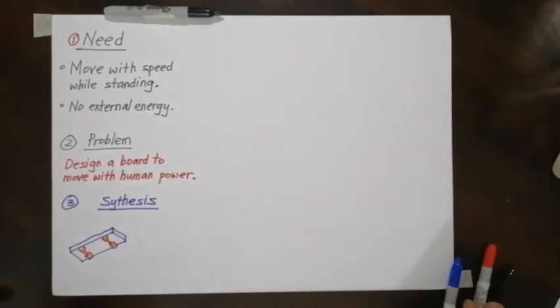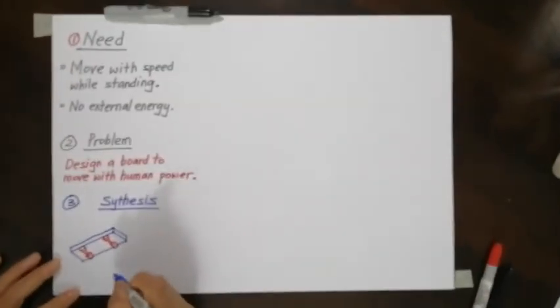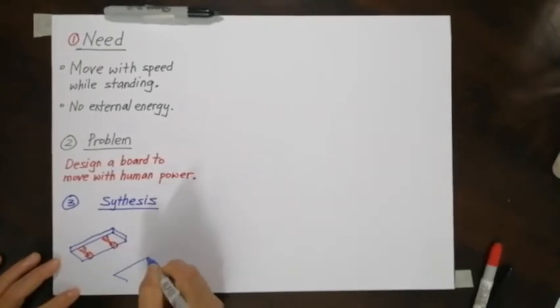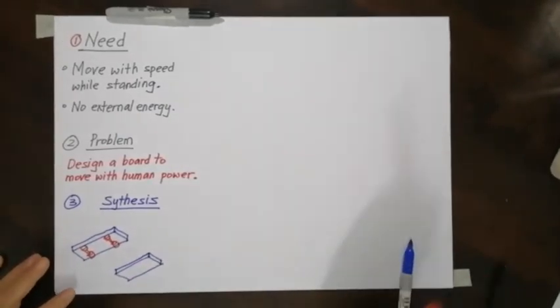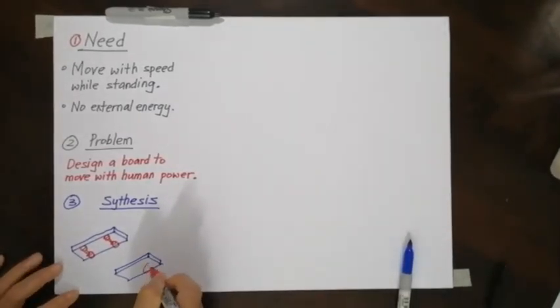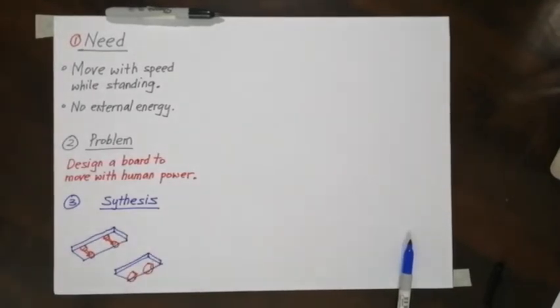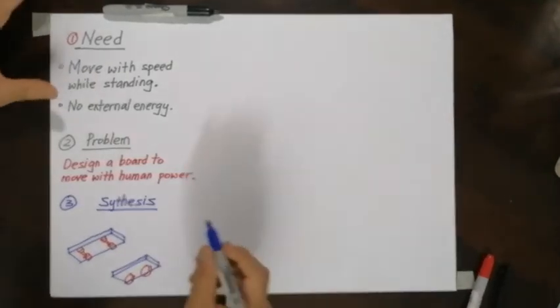Then another guy will think that, okay, let me have it this way. Why do I need to have two wheels? I mean, two pairs of wheels. Why not I have just a single wheel? This phase is called the synthesis phase. You can dream about it, what you want. And let's assume that, let's say I want to have the wheel.